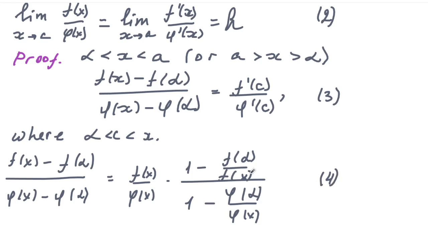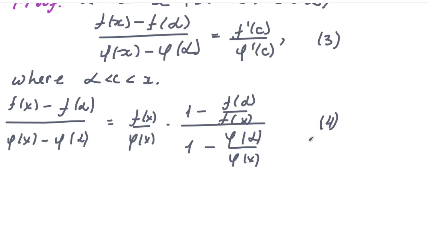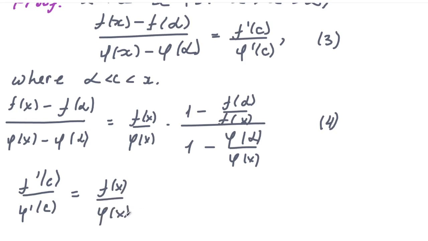Expression 4. From relations 3 and 4, we have f prime of c over phi prime of c equals f of x over phi of x times 1 minus f of alpha over f of x over 1 minus phi of alpha over phi of x.